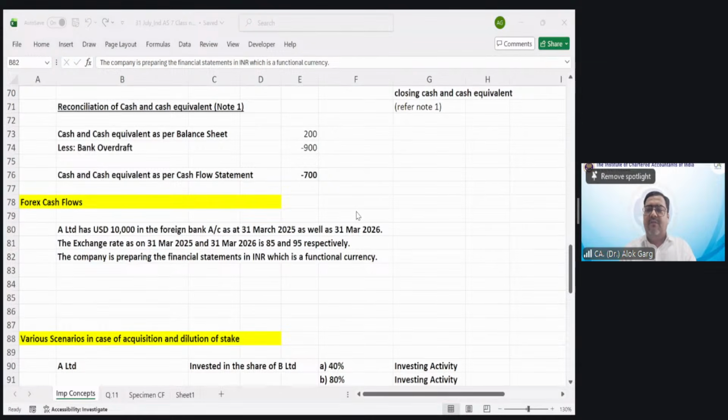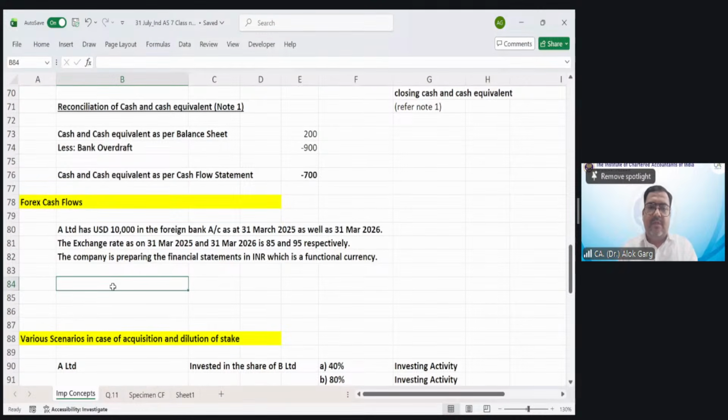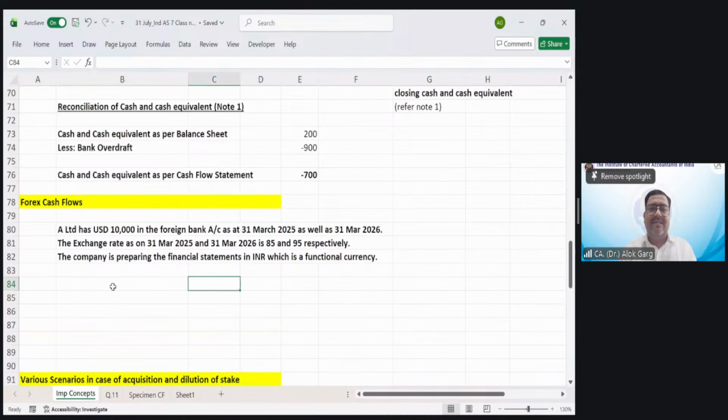Now, my dear friends, how will this cash balance look in the balance sheet?